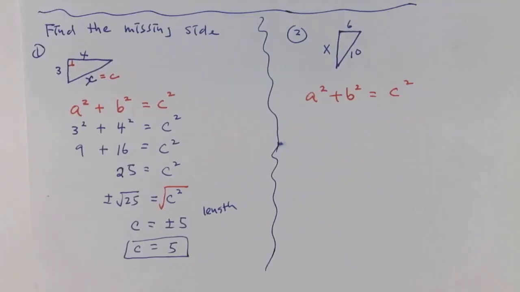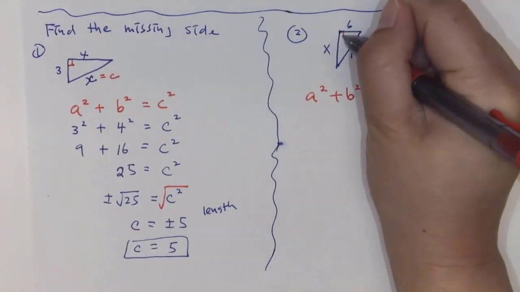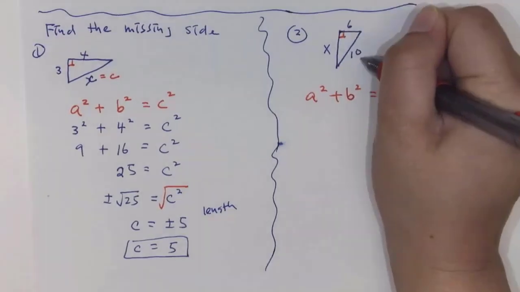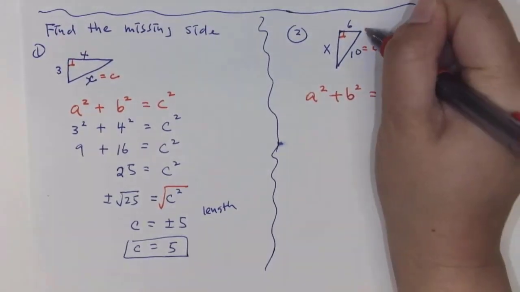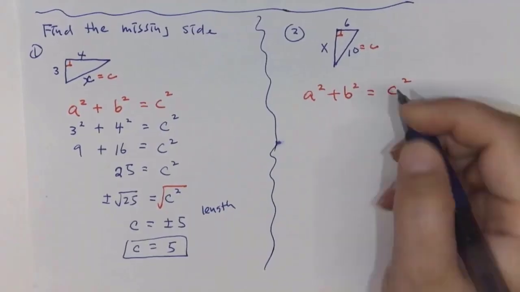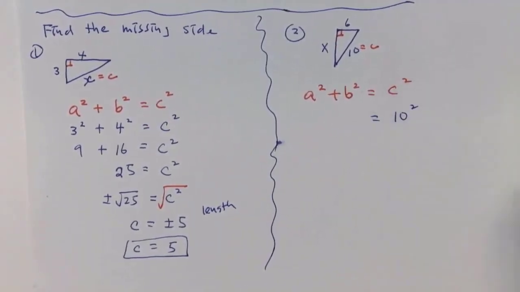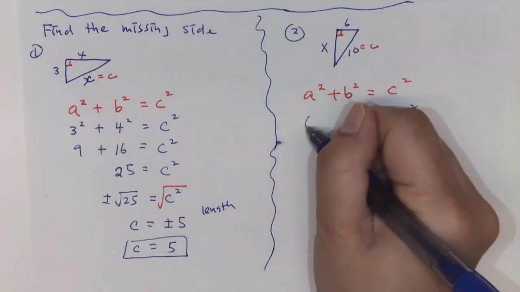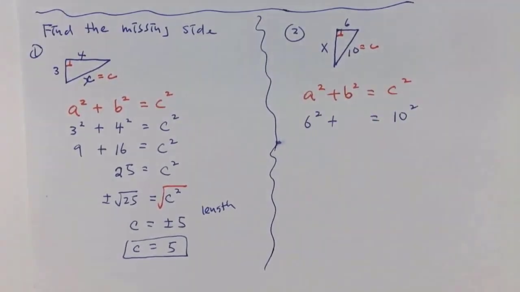It could be A, it could be B, but how can I know this is not C? The 90 angle is here, facing this one, so this one would be C, right? And this is the longest line of the right triangle, so that would be my C. So C is going to be 10 squared. You can plug the 6 in A or B, doesn't matter, but we don't know B, right? If I plug it on A.